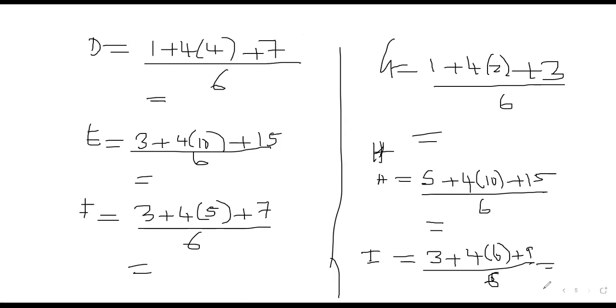What is the answer for D? D is 4, right? Then the other one is what? 9.7. It's 9.7, correct. Then they give me the other ones. The answer is 5 here, not so.